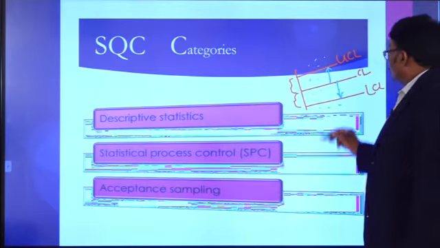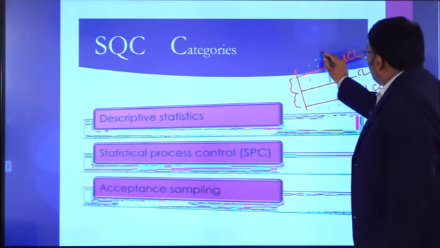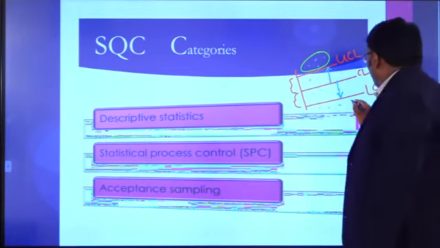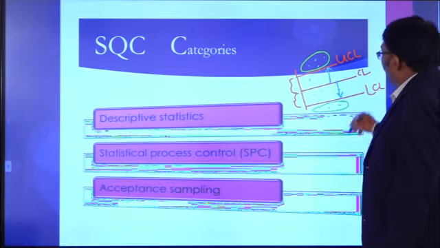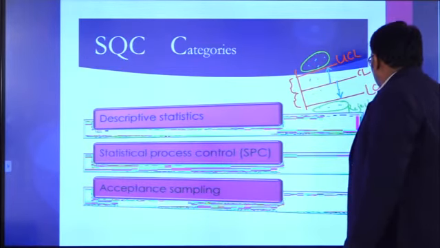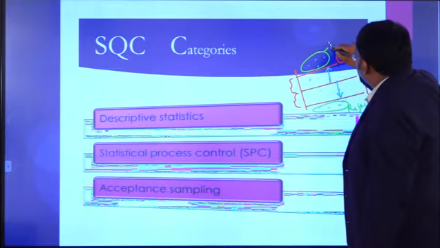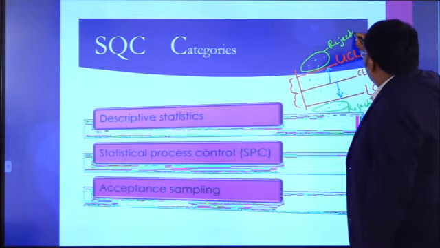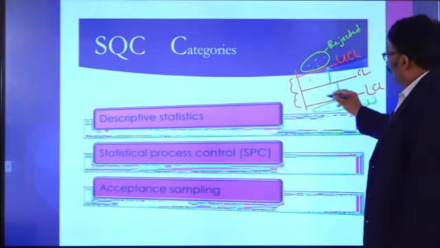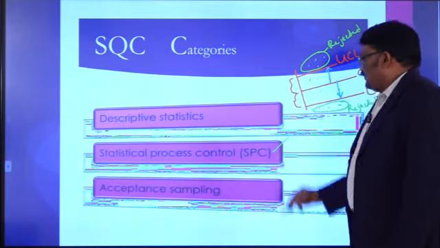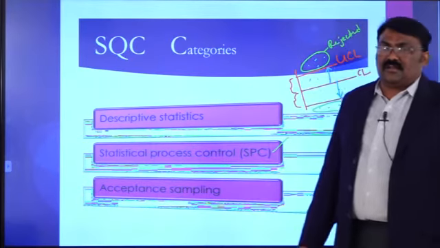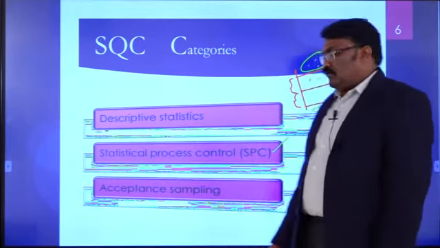Now, what that means is, products beyond the upper control limit, and products below the lower control limit, have to be rejected. This whole process is defined by statistical process control.